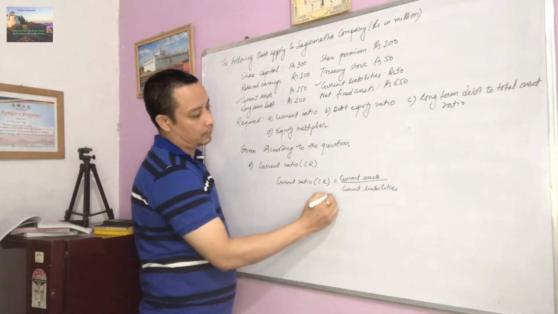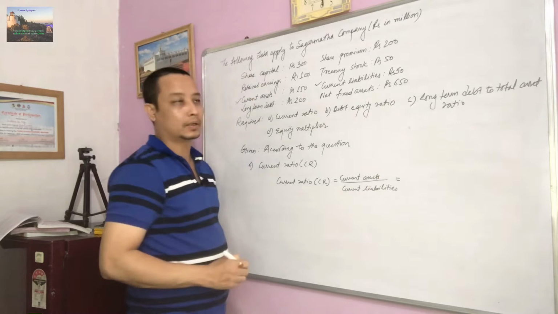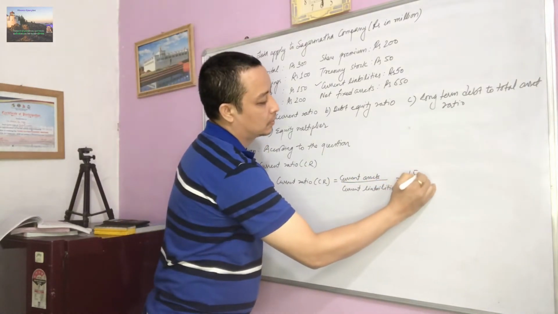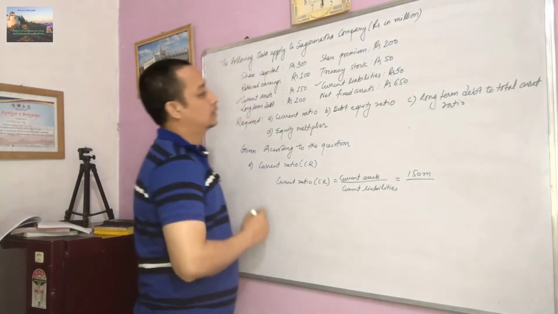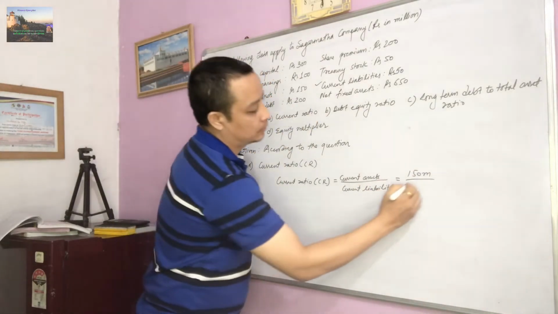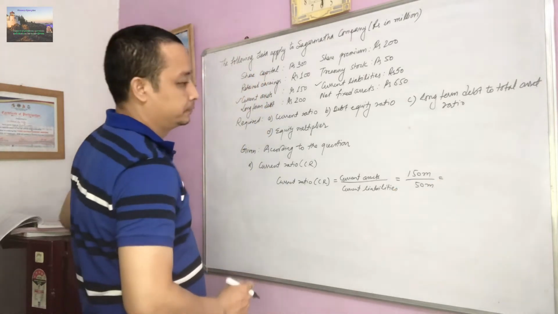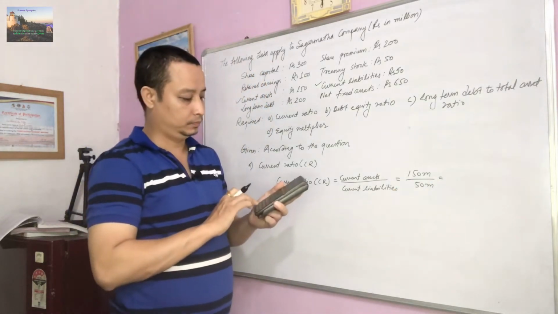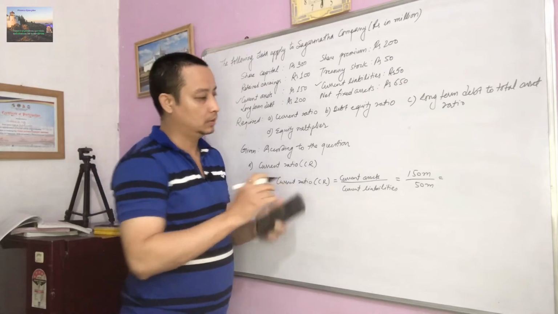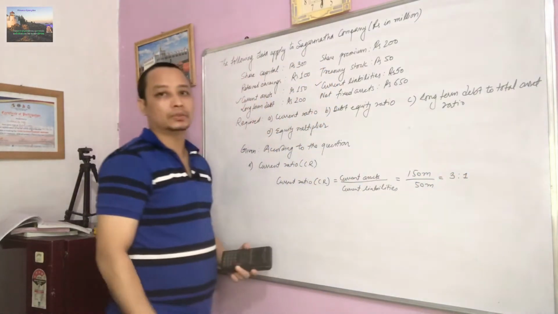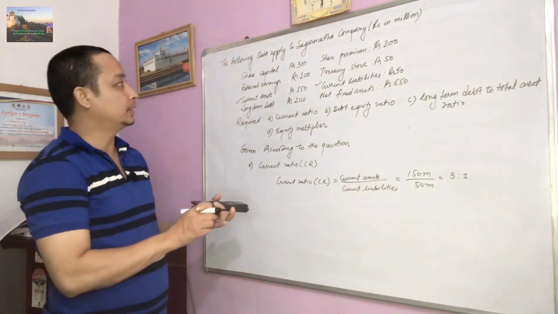So now you can put the value here. Current asset is given here 150 million and current liabilities 50 million. So your value will be 3:1 or 3 times. This is your current ratio for Sagarmatha company.